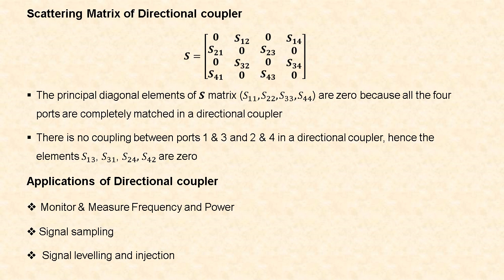Here if you see, the principal diagonal elements of the S matrix, that is S11, S22, S33 and S44, are 0 because all the 4 ports are completely matched in a directional coupler. And also there is no coupling between ports 1 and 3 and 2 and 4 in the directional coupler. Hence the elements S13, S31, S24 and S42 are also 0.